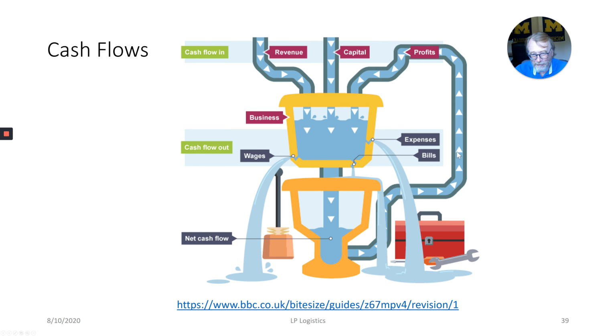I hate to say the profit comes from the bowl of the toilet. And it's a leaky toilet, so wages come out here, expenses are leaking out, bills are leaking out, and then there's our net cash flow. Well, maybe with Brexit now, England's becoming irrelevant and they have to do funny cartoons instead of actually running businesses. Okay, great.